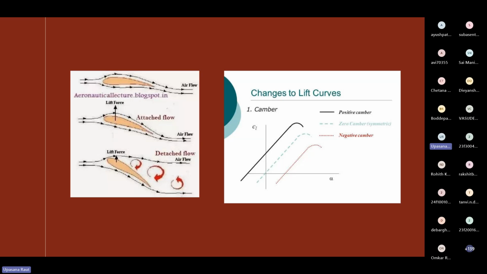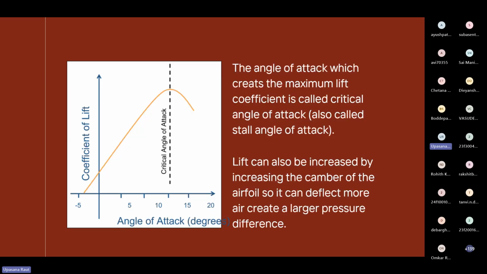How much lift do we require? Is it required to have a too high critical angle or too low? For commercial planes, the critical angle usually remains between 10 to 15 degrees only. So if we're building anything else, then we need to customize our airfoil accordingly.